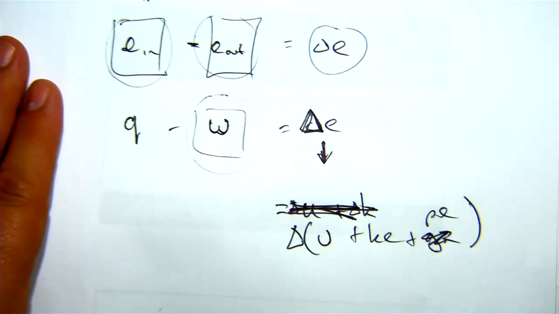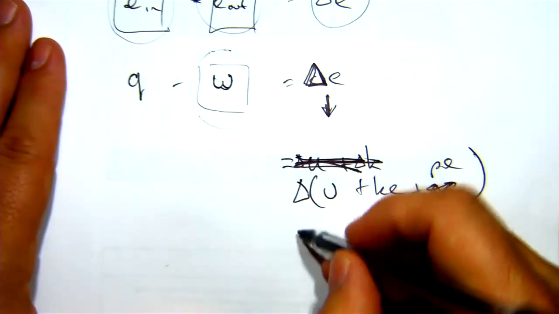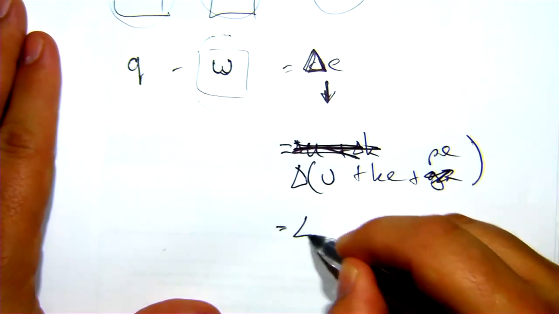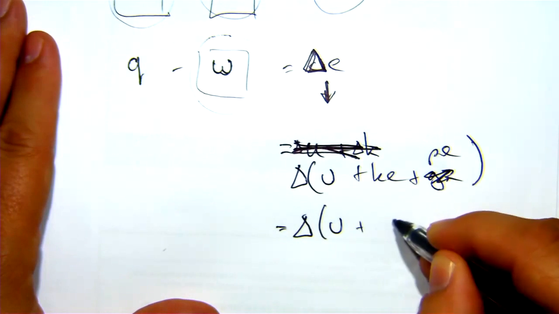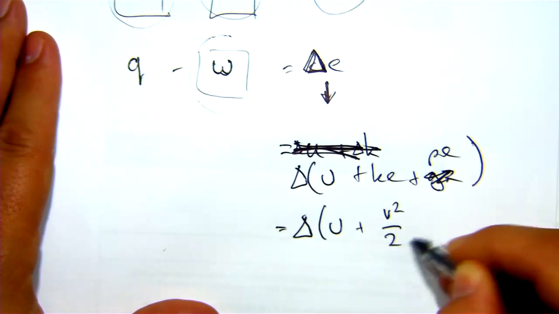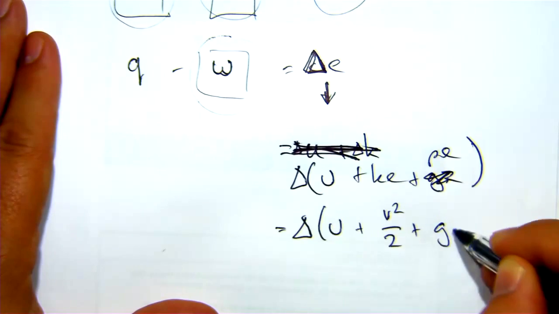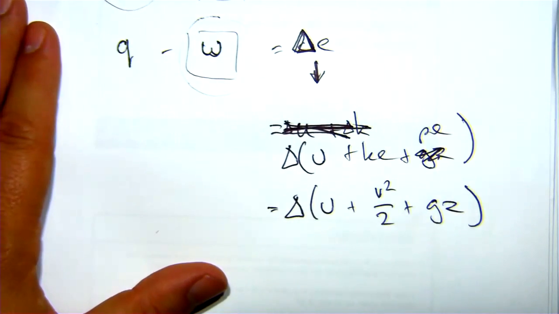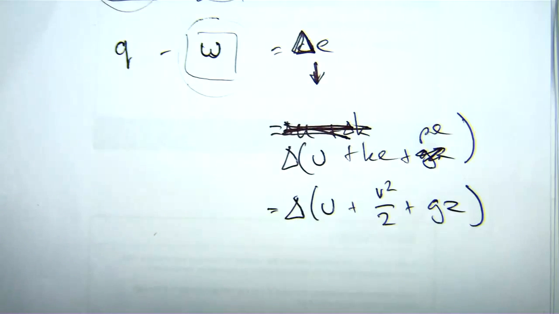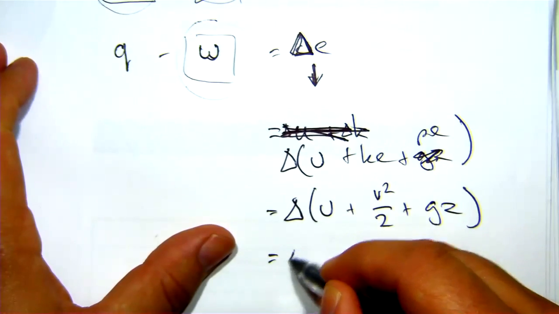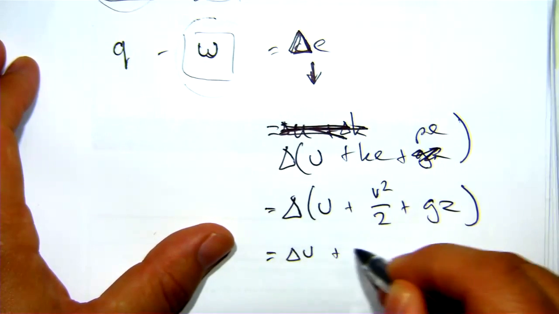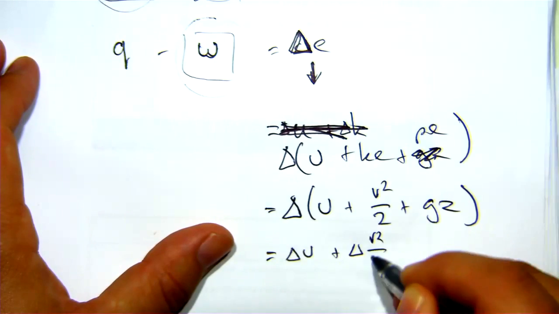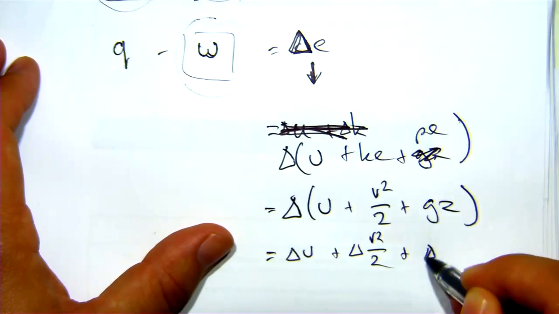That's all the terms, all the ideas for energy. Or I could split that out to delta U, delta V squared on 2, delta GZ. I would do that split, so delta U plus delta V squared on 2 plus delta GZ.